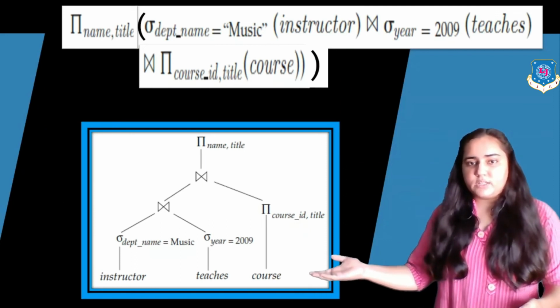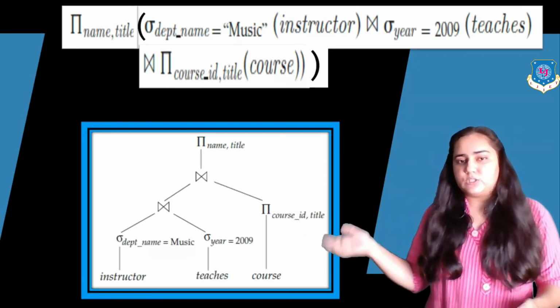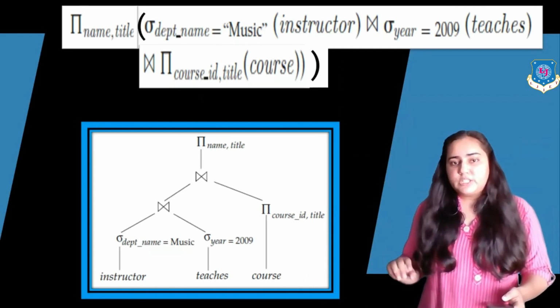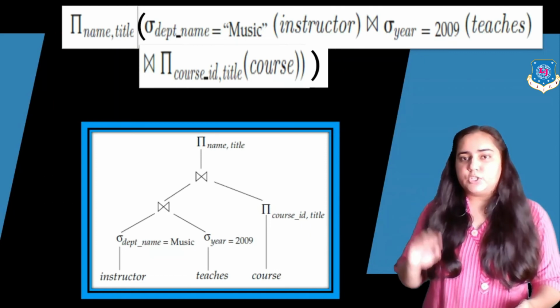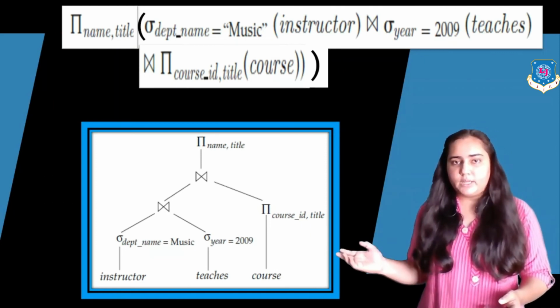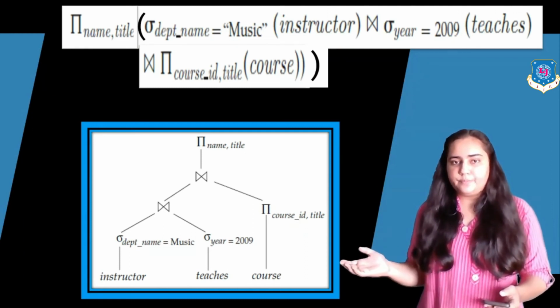So to instructor, because I have individually applied dept name equal to music, I can apply that condition directly to instructor. To teachers, I have applied the condition sigma year equal to 2009, which also I've individually applied. Then I can take a natural join between these two.